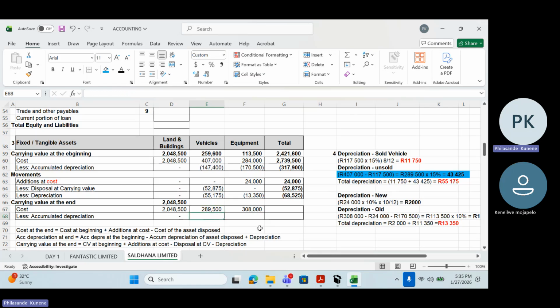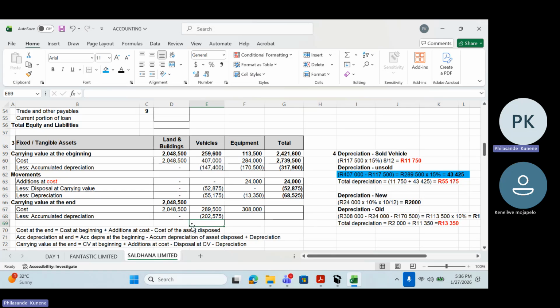Then what about the accumulated depreciation at the end? How much will it be? 147,400 plus 55,175, which gives 202,575.